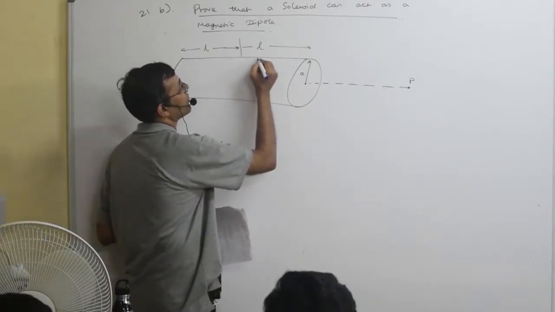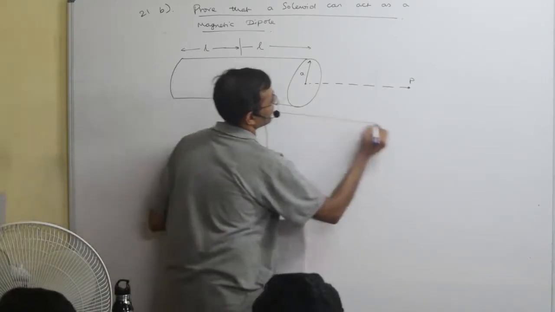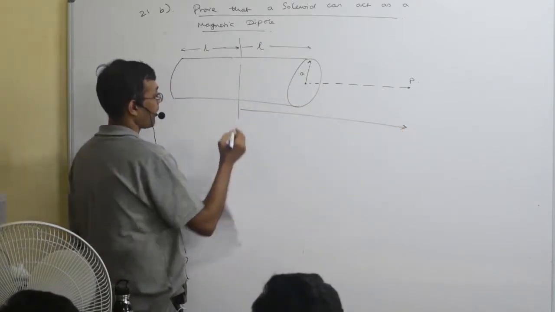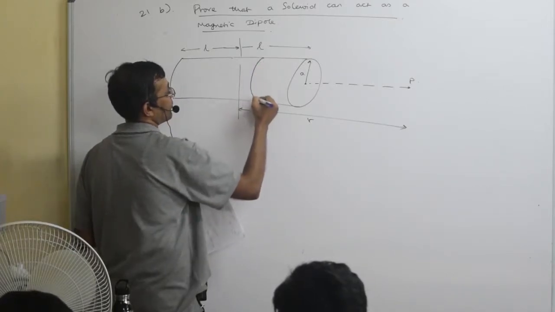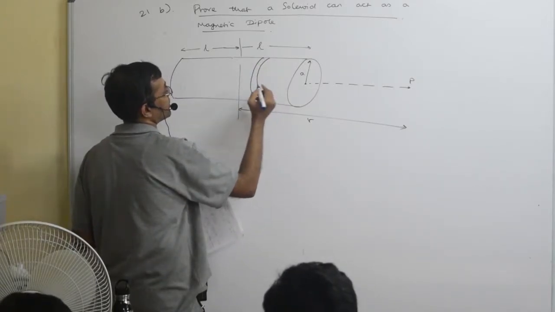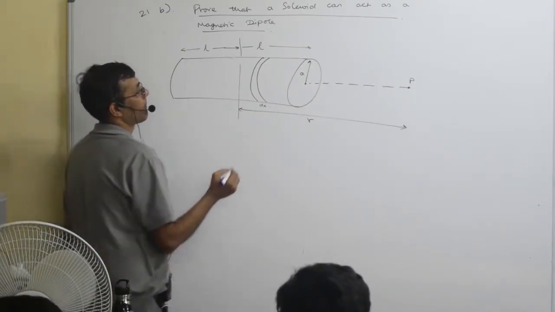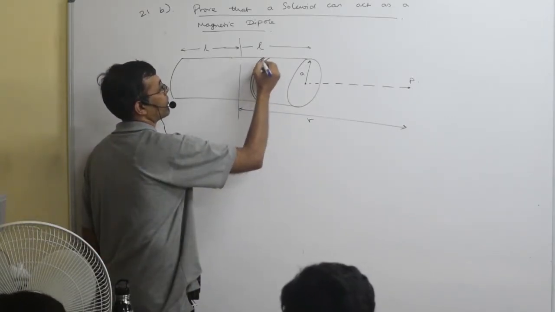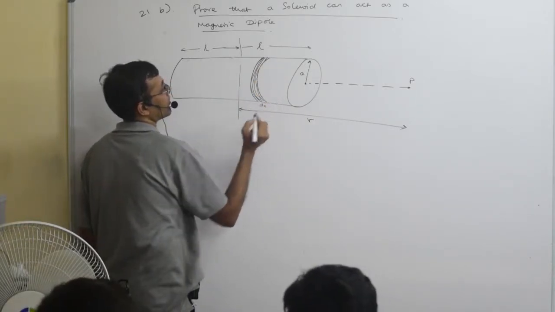So if I consider a small region, this distance is considered as R. I'm going to consider a small region which is dx, okay, which means it has got a lot of windings inside this small region dx.